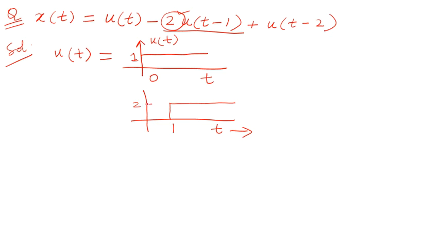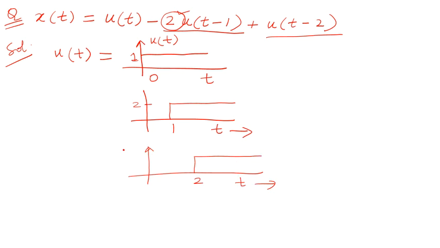Okay, I hope you got this point. And then the next part in this signal is u(t minus 2). So u(t minus 2), again this will be a shifted waveform. It will start from 2.